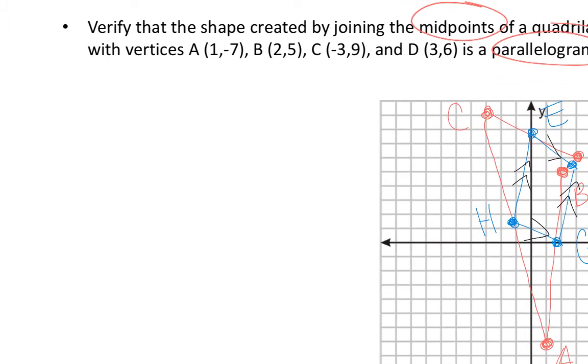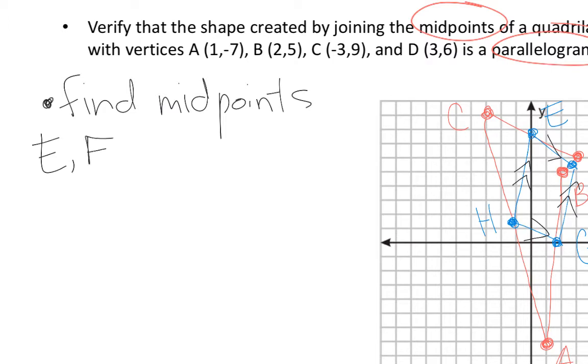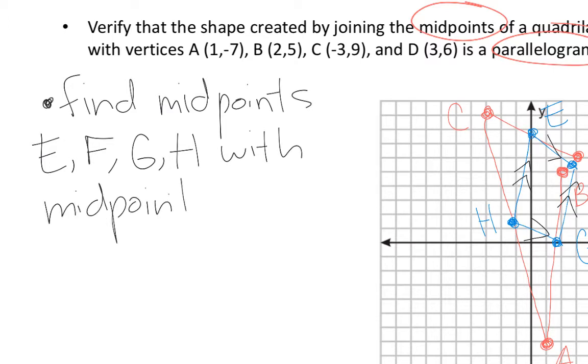So the very first step would be to find midpoints E, F, G, H with the midpoint equation. Once you have the midpoints, you can find the slopes of each side of this inner quadrilateral that we just drew.